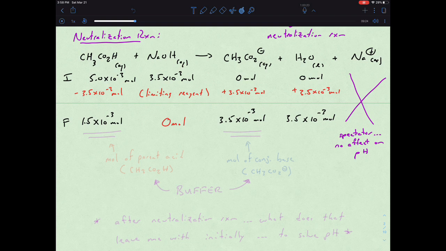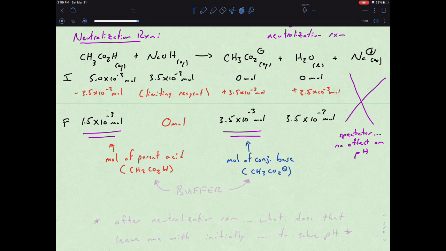Now we have two things that are going to affect the pH. We have moles of the parent acid, namely acetic acid, but we also now have moles of the conjugate base, namely acetate.